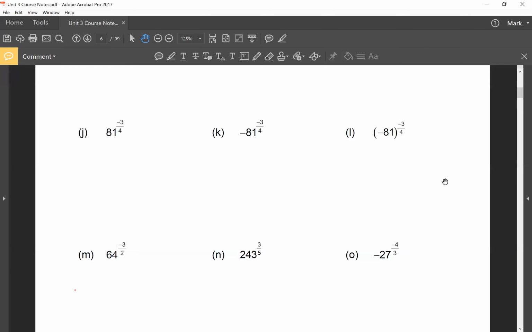Okay. So this one, if you look at this row of questions, the difference here with L is that it has a negative in there. Your calculator won't take the square root of negatives, because what that ends up being is what we would call an imaginary number. If you tried to do the square root of -4 on your calculator, it will say error.